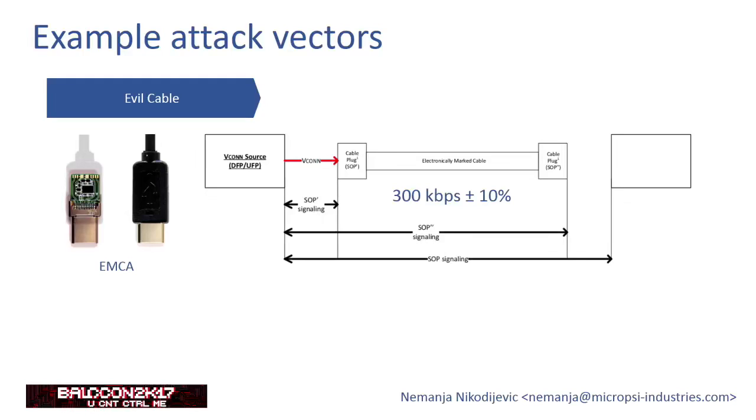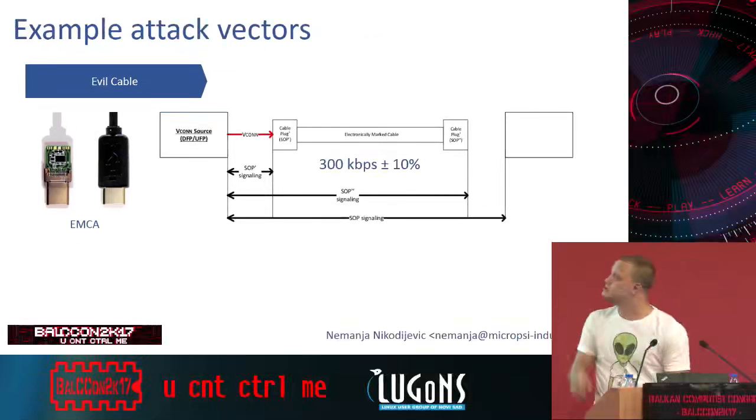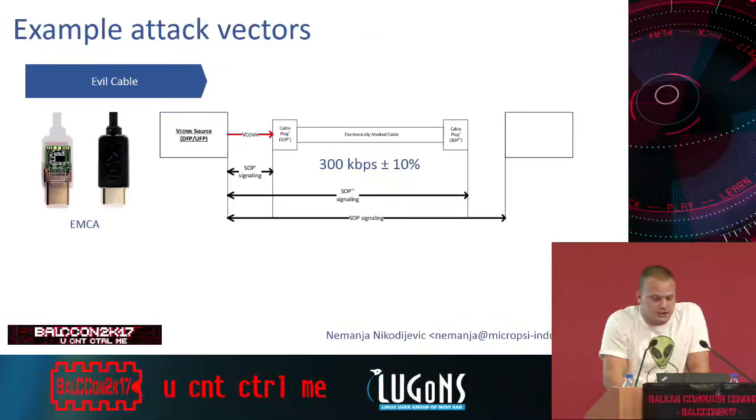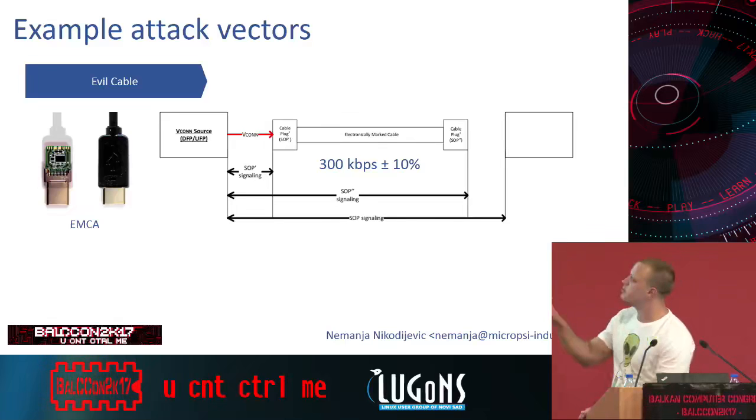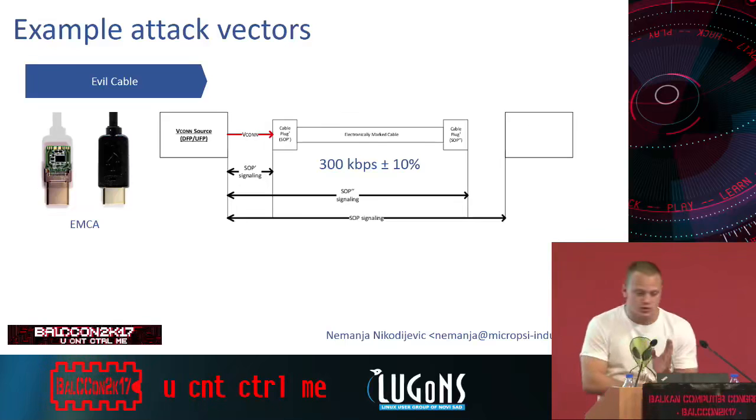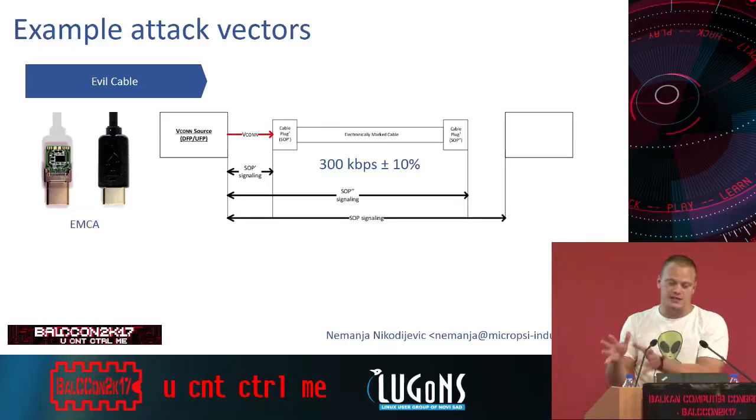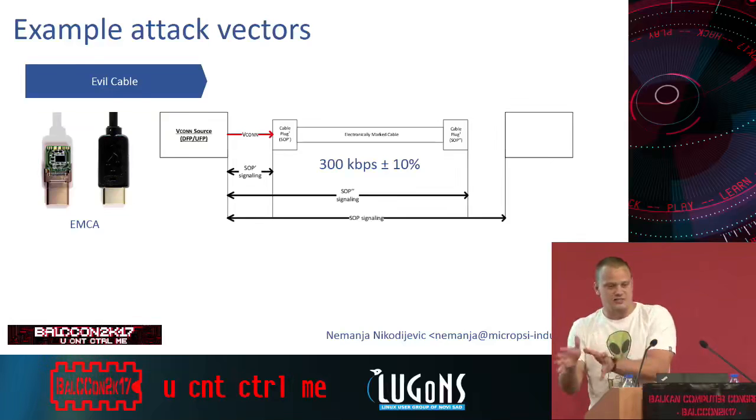There are versions that have two chips, one on each end, and the way the host communicates to these chips is through this newly introduced CC line, by utilizing so-called SOP signaling. The speed is 300 kilobits per second. With this SOP signaling, if you send a packet with SOP prime or SOP double prime, it should not be interpreted by the device that is connected on the other side.